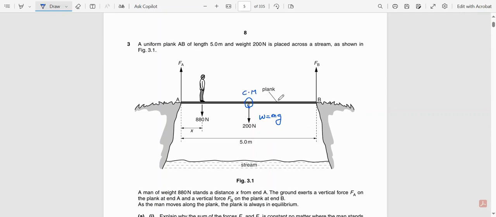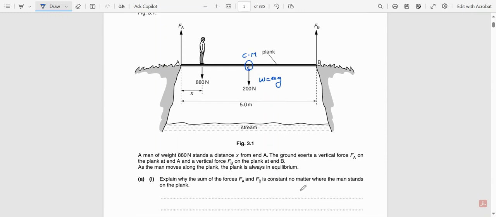So what is the center of mass? The overall mass of a long rod will be concentrated at the middle. So the force created by that mass has been shown at the center, and the force created by the man has been shown where he stands. This is the difference between the center of mass and normal mass.